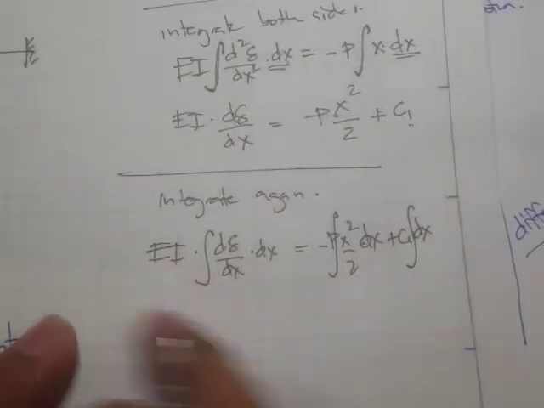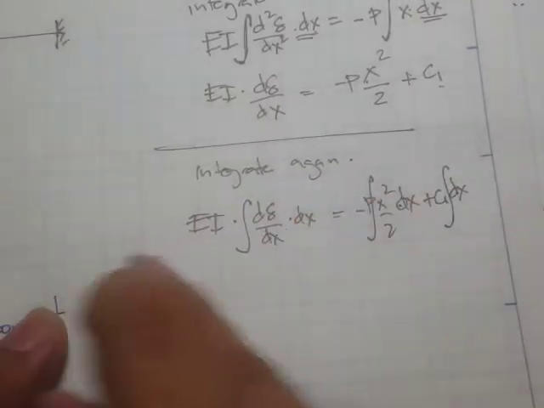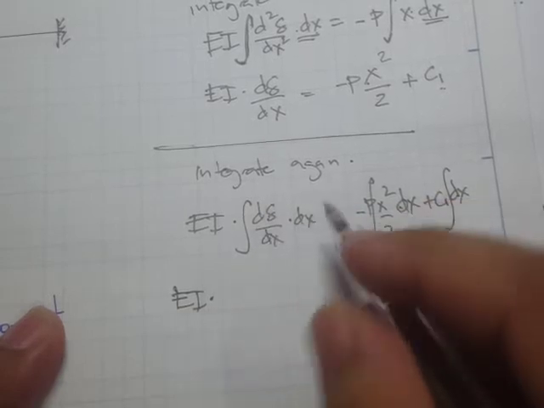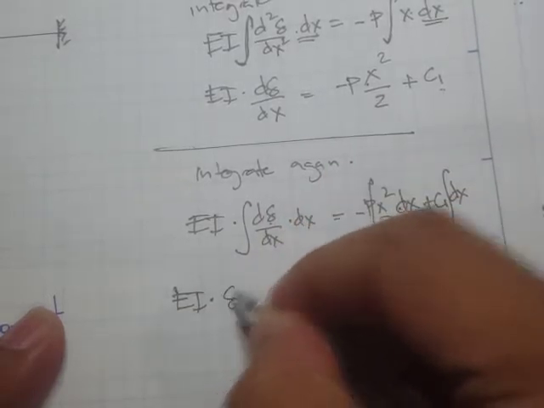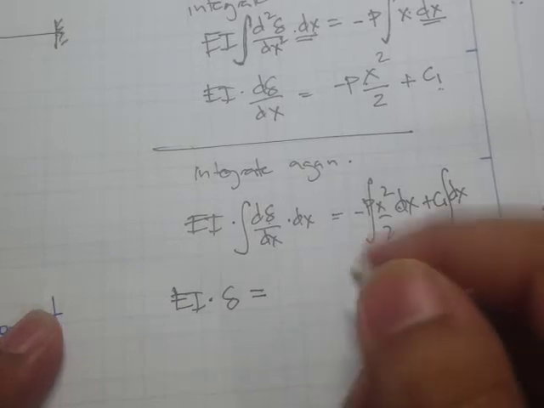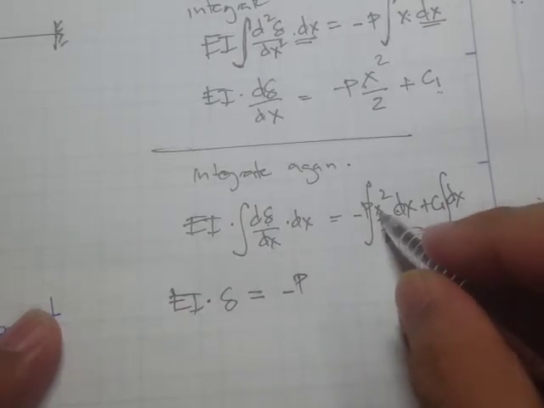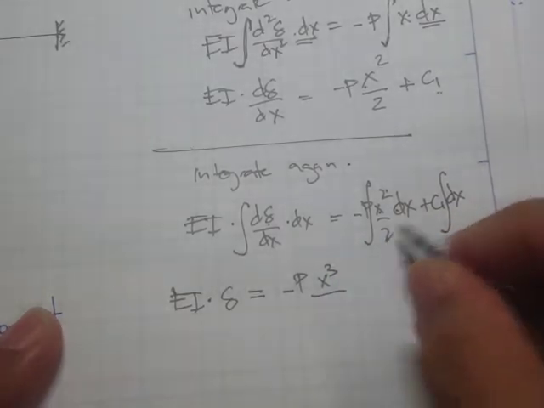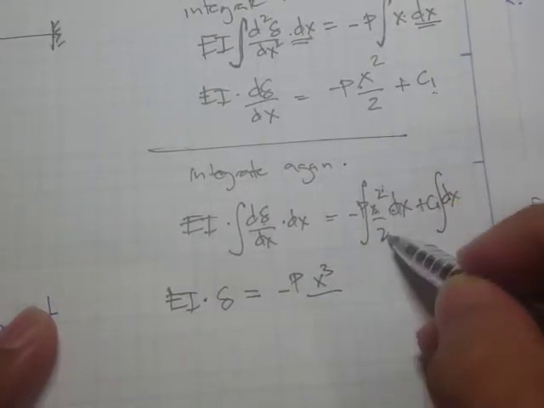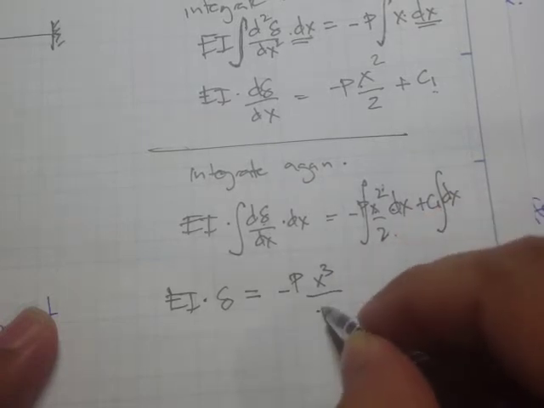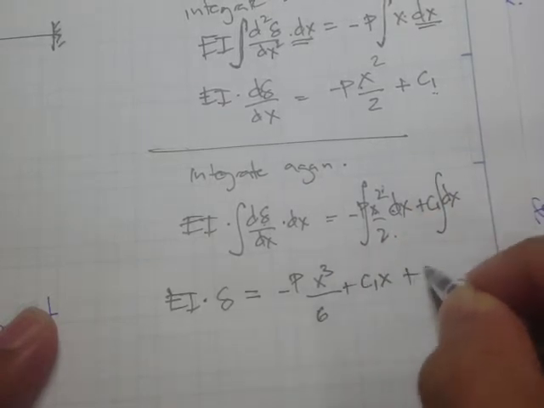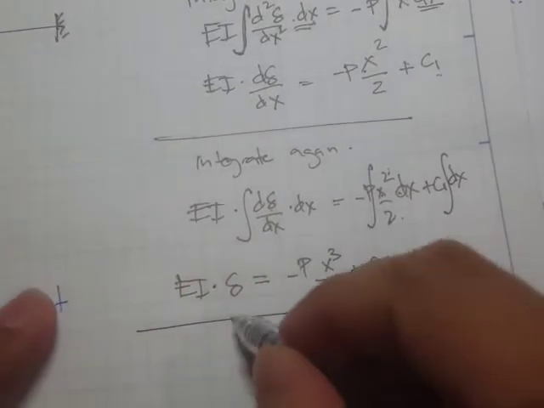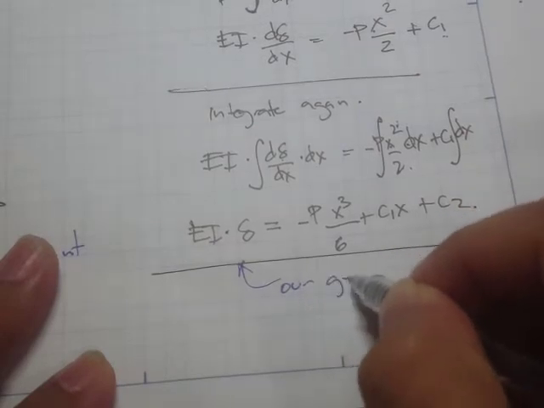If we perform the integration, we get EI times the integral of the first derivative, which is just the deflection. It's equal to negative P x cubed over, 2 times 3, that's 6, plus c sub 1 x plus c sub 2. So here's now our general solution.